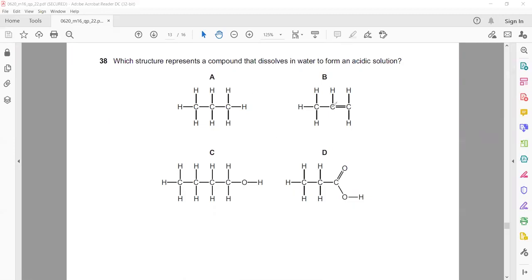This one is alkane, alkene, alcohol, and carboxylic acid. Acids are proton donors, so when they dissolve in water, they donate their proton. That's why D is the right answer.